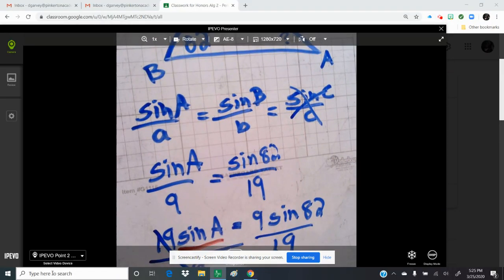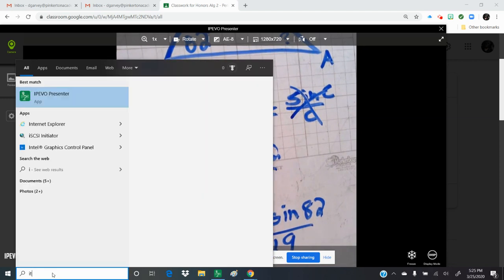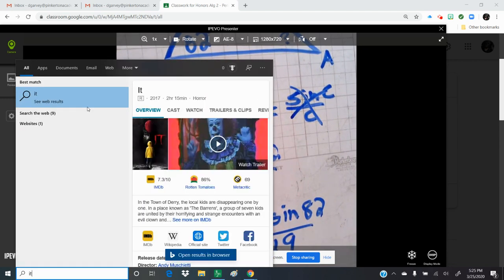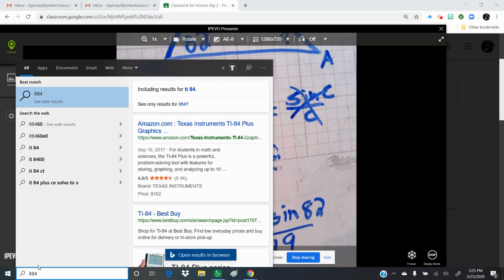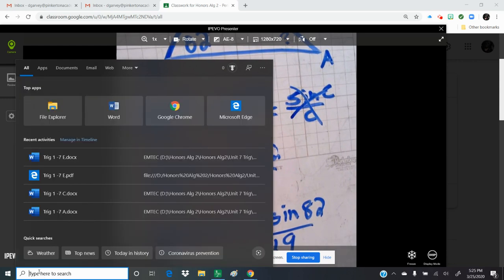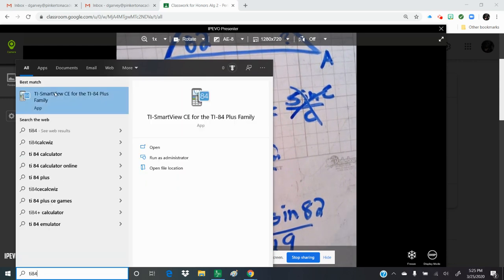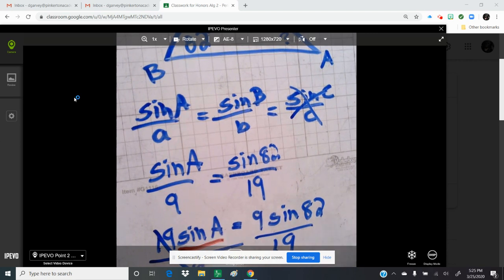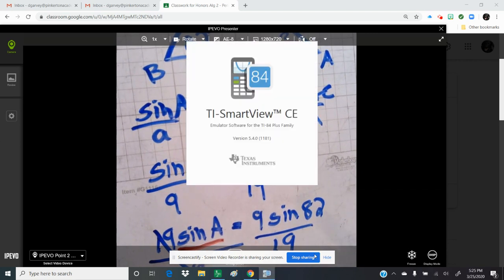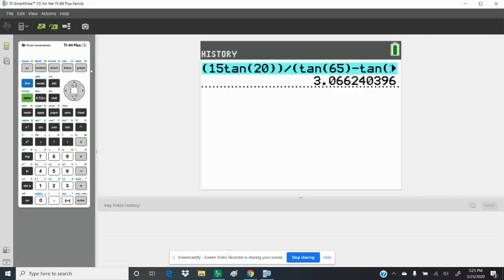So let me pull up my calculator. And we'll put that in the calculator. Now you have to be careful. I usually put everything in parentheses just to be safe.